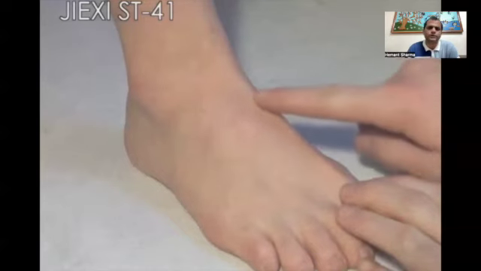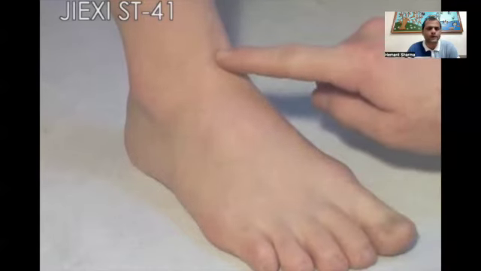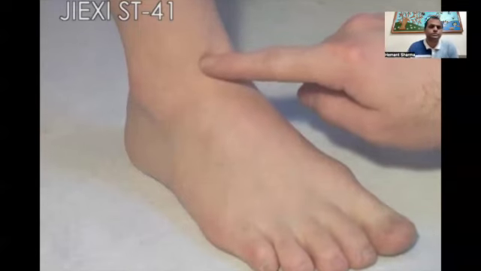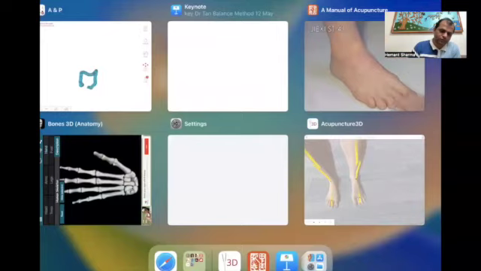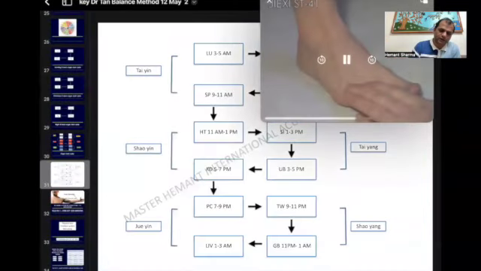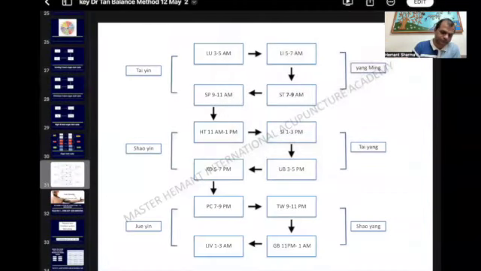We can put the needle, or do acupressure, or put a star magnet or some seed, and we will see the balance. Let's take one more last example, then you will be able to understand it very clearly.